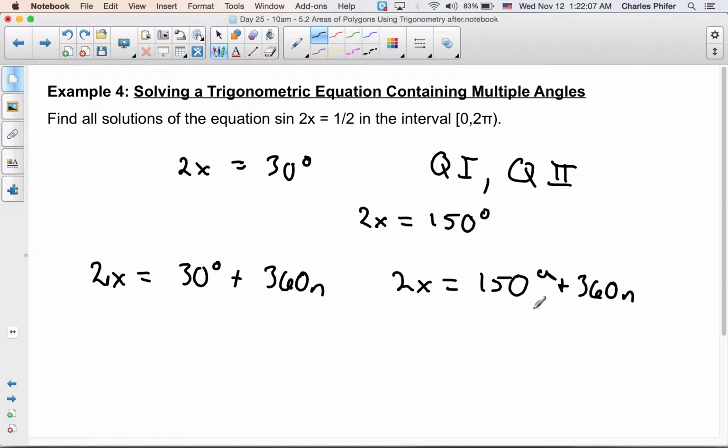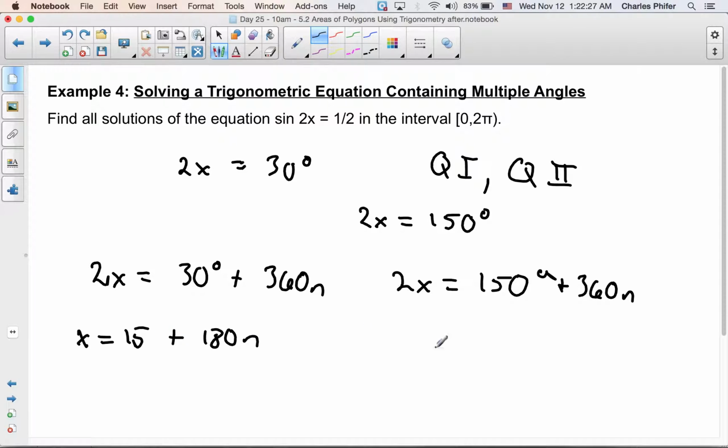Then we're going to find all the solutions on the interval 0 to 360 and convert them to radians. I'll divide by 2. So we want to divide by 2, and we get x equals 15 plus 180n.